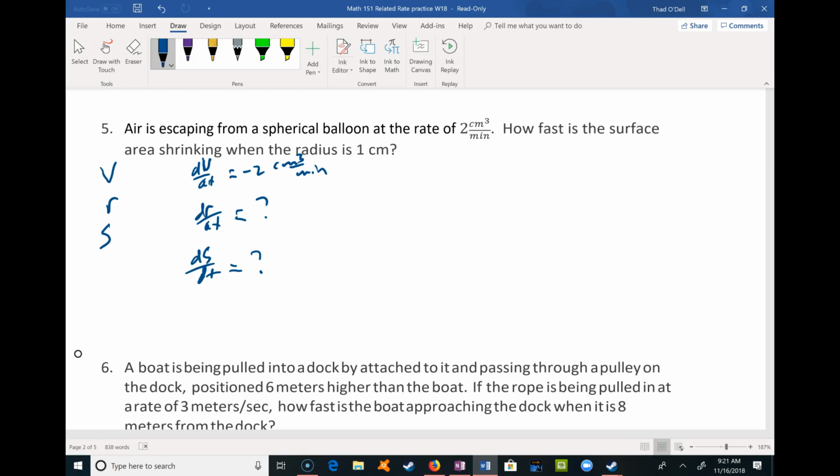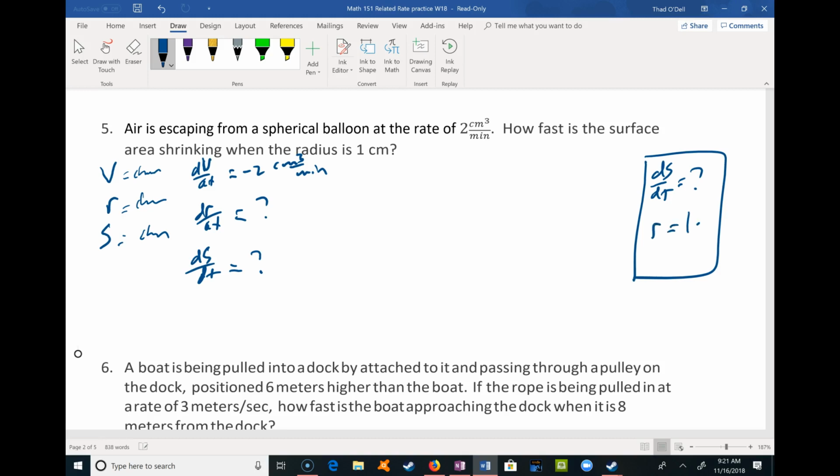Do we know what the volume is? Well, it's changing. The radius is changing, and the surface area is changing, right? But we do have the radius: the radius is 1. So we want to know the rate the surface area is changing at when the radius is 1.